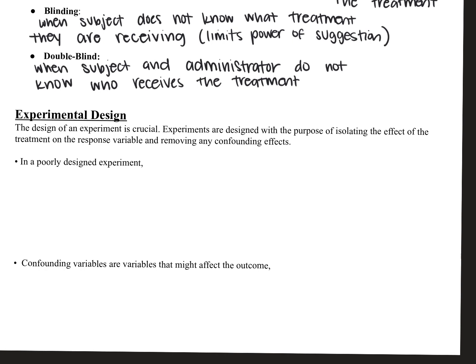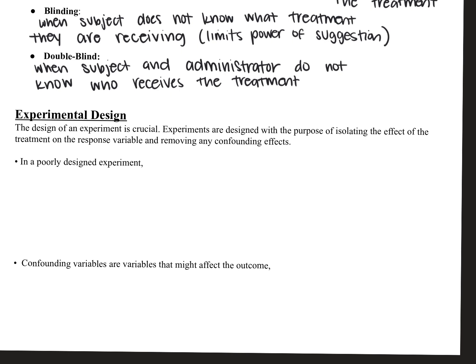Okay, so it is important to look at experimental design and some things that could affect it. The way you design an experiment is very, very important. The way you design an experiment isolates the effect of the treatment on the response variable and removes any confounding effects. Again, something we're going to talk about in a second.